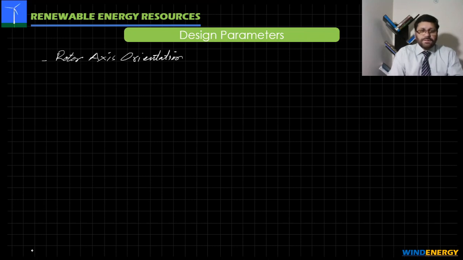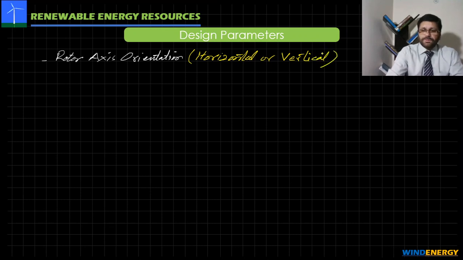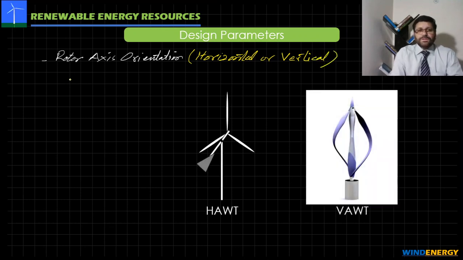In this rotor axis orientation, you may go for the horizontal axis wind turbine or the vertical axis wind turbine. So this is rotor axis orientation. You are considering the design of a horizontal axis wind turbine or a vertical axis wind turbine.